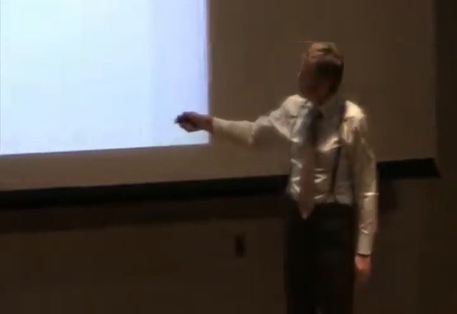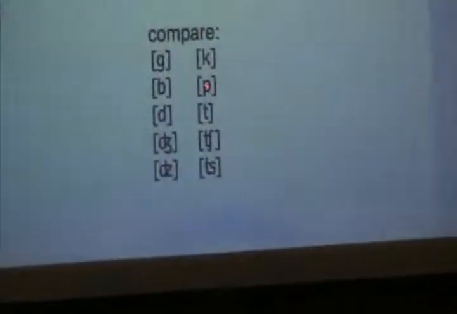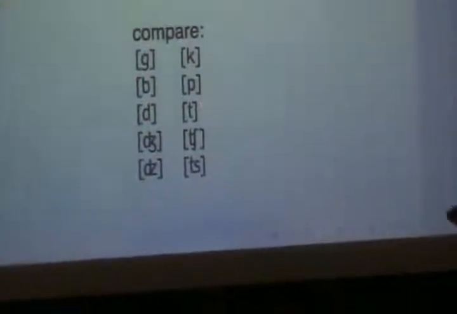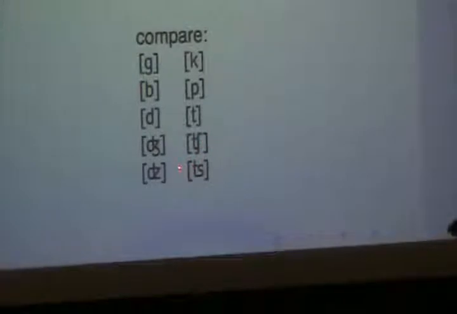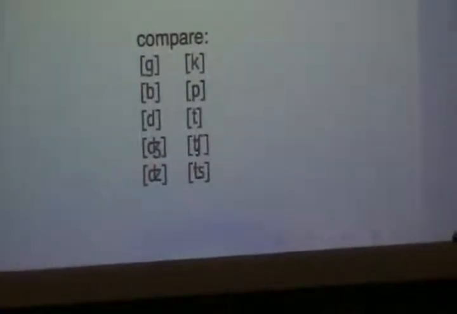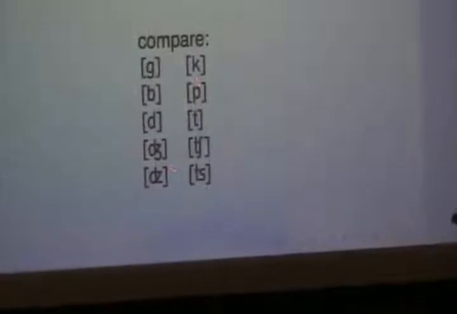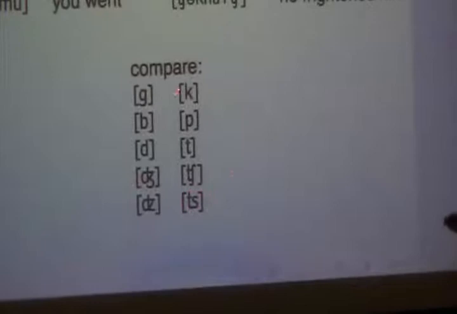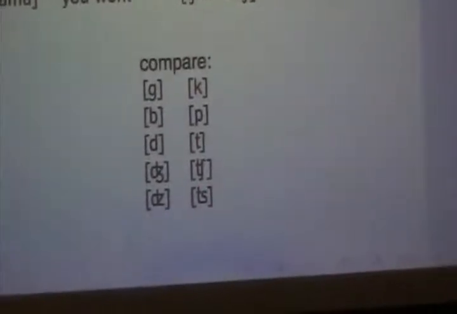Is this plus or minus continuant? Minus, just like that one. Is this plus or minus? Minus, just like these two. And these two are minus continuant as well. Affricates are minus continuant. So if we add to the list you came up with minus continuant, we'll still pick out this set, but we'll leave out cha, and that's what we want to do.